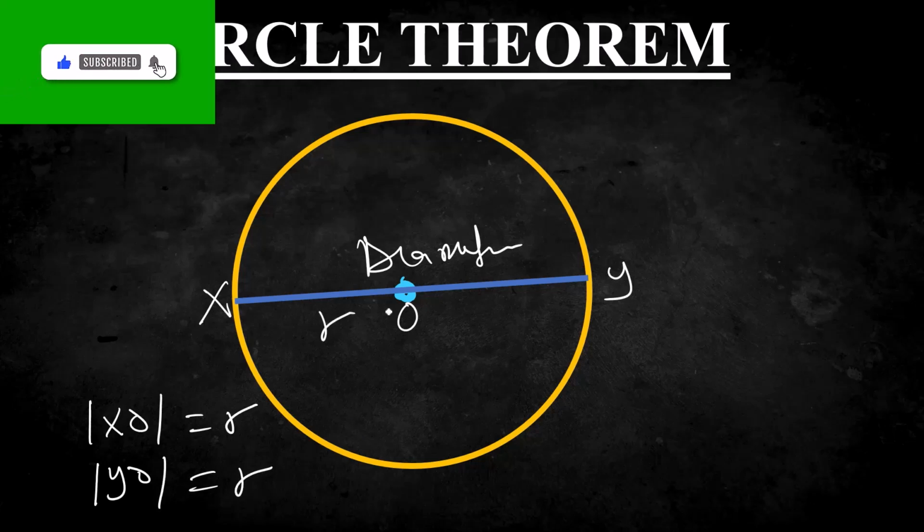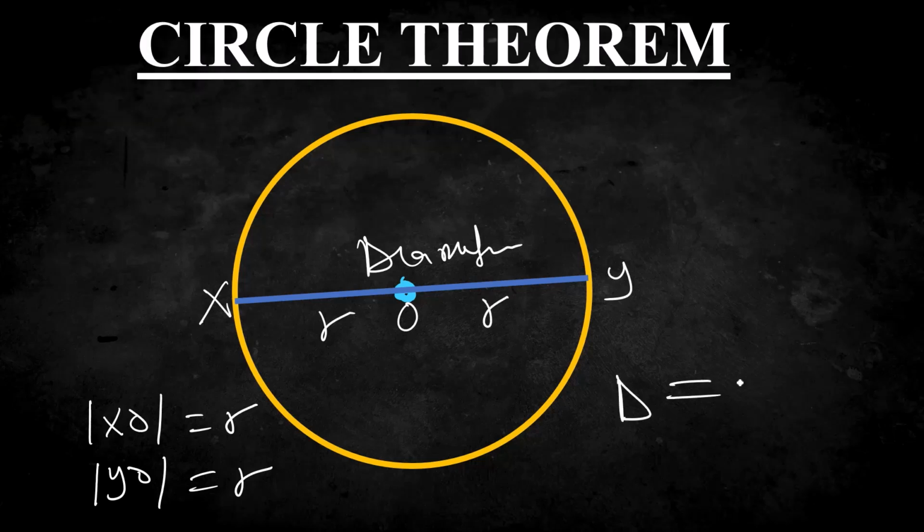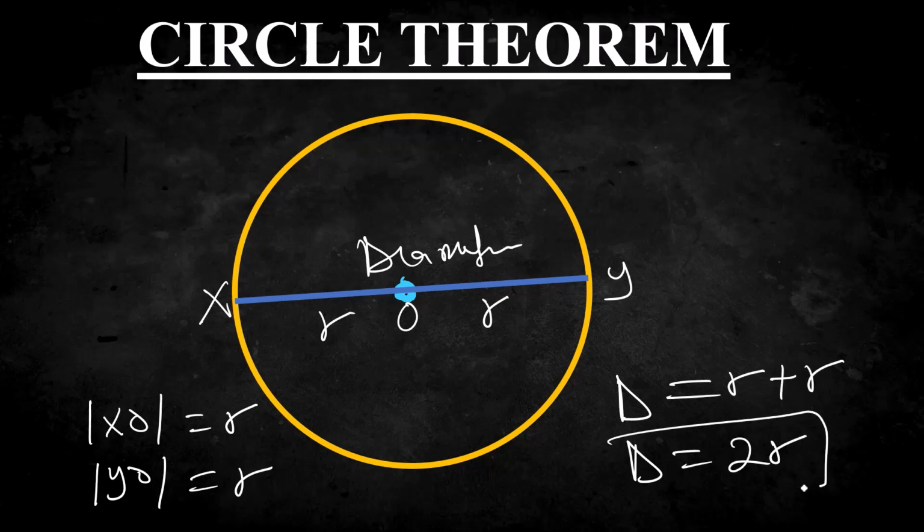So the diameter is the sum of the two radii, the same as twice r. It means to find the radius, you can divide the diameter by 2, and to find the diameter given the radius, you can multiply it by 2.